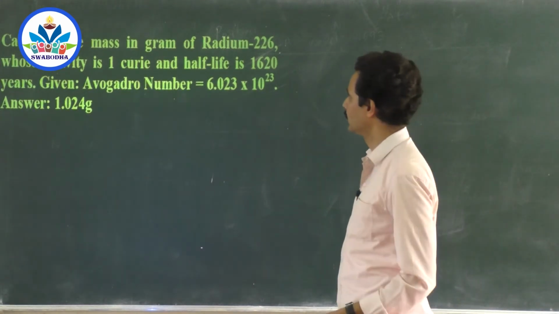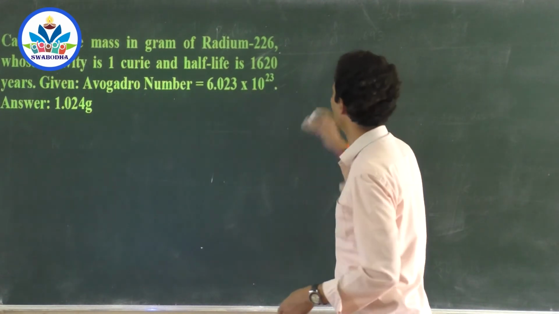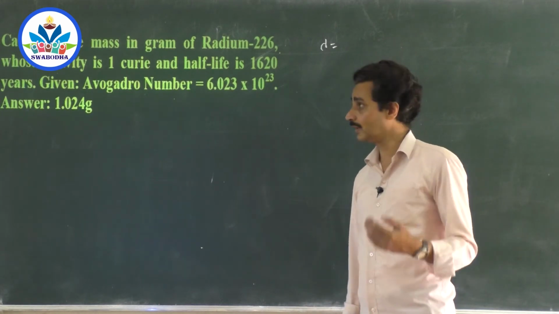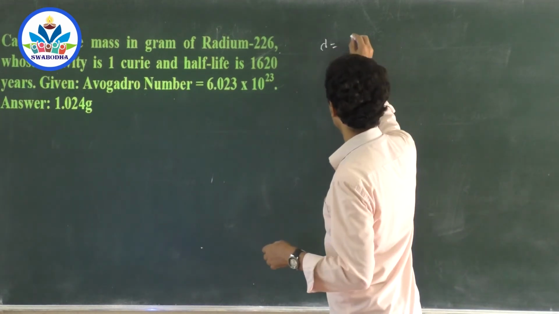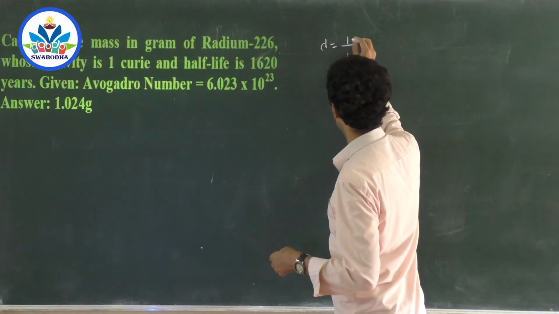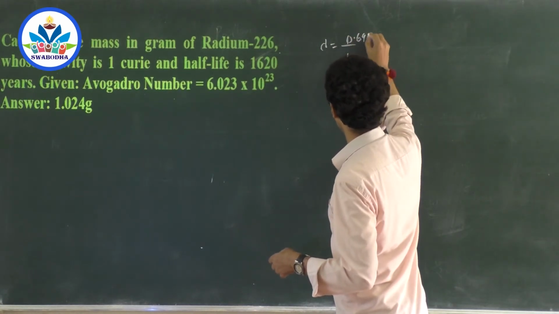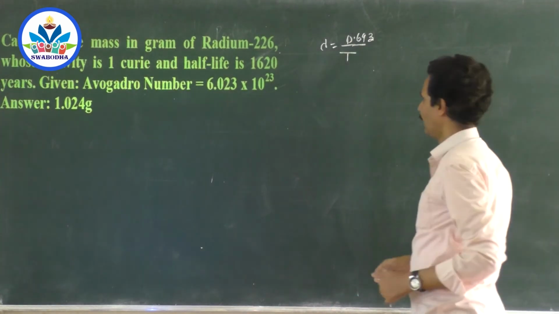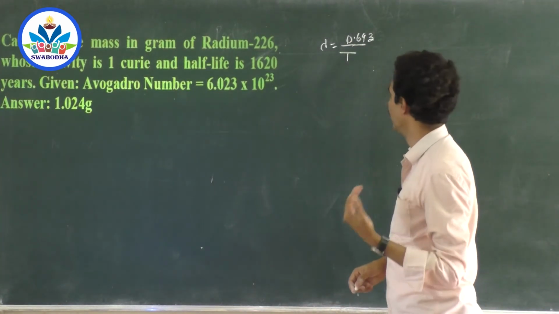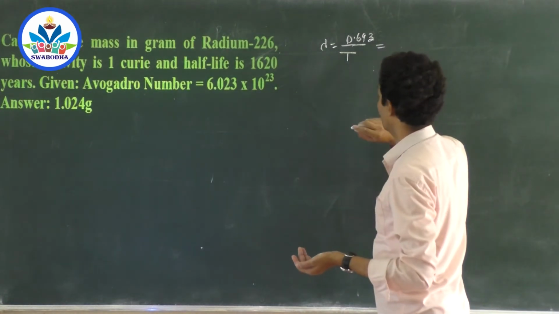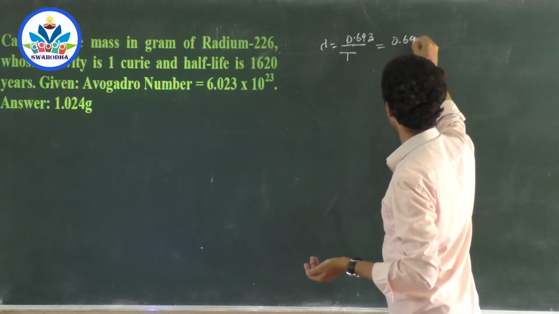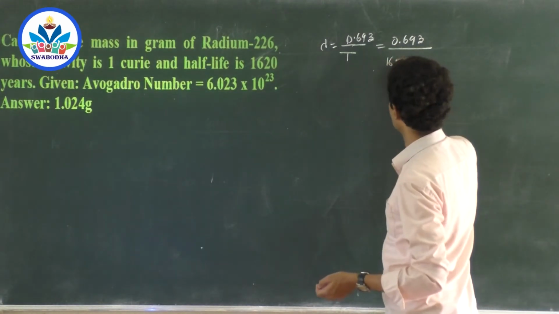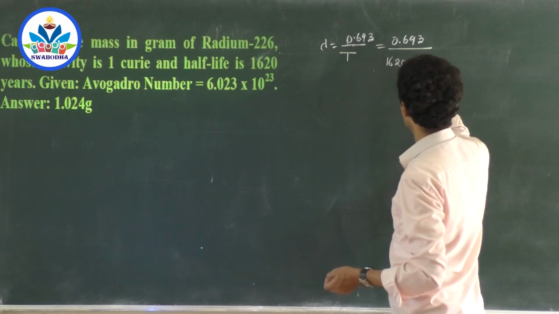So first of all, you take the half-life and calculate what is lambda. The half-life of this is 1620 years, right? Period T half is equal to 0.693 by lambda. So lambda is 0.693 by T half, that is equal to 0.693 divided by the half-life, 1620 years, 365 days, 24 hours, 60 minutes, 60 seconds.